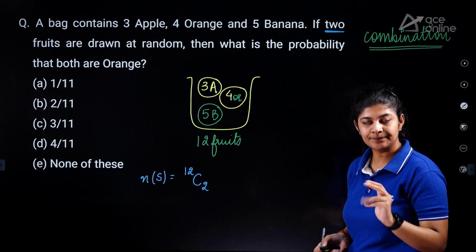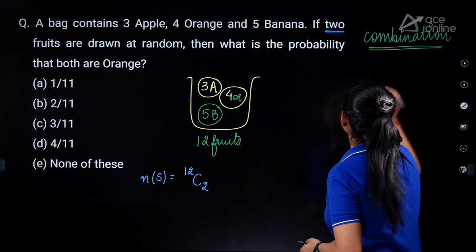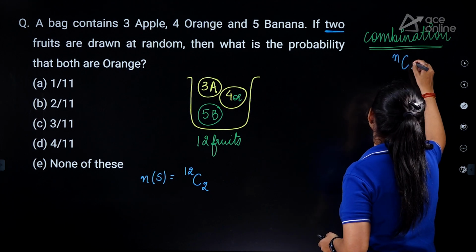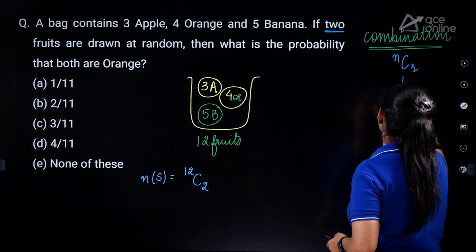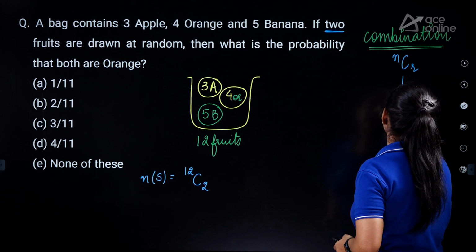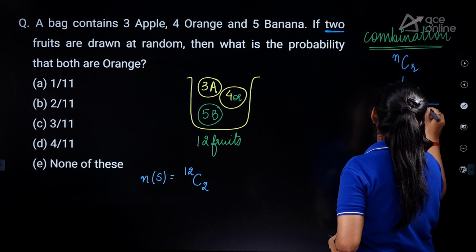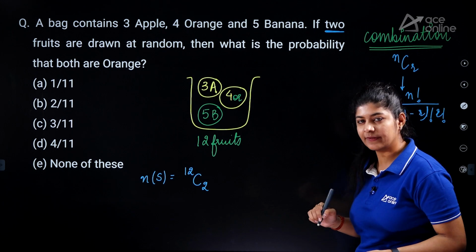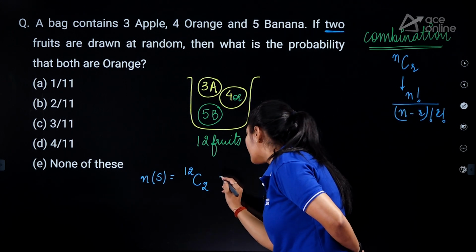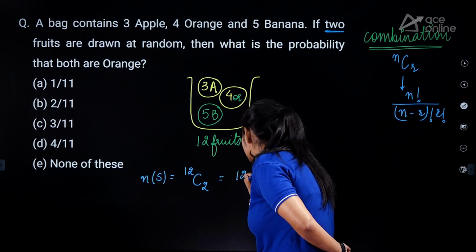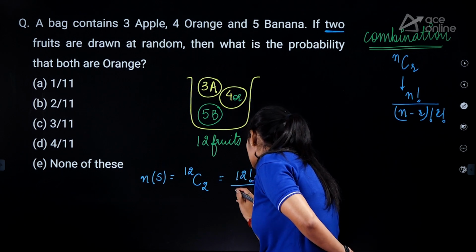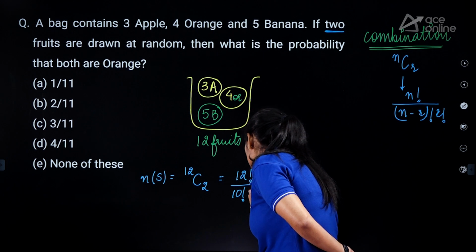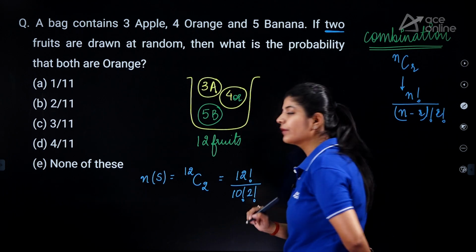Is it clear? Okay. We know that combination is nothing but nCr, and we can write it as n factorial divided by n minus r factorial into r factorial, right? This is what we are having. Okay. So for this, what we can write, 12 factorial divided by 10 factorial multiplied by 2 factorial.